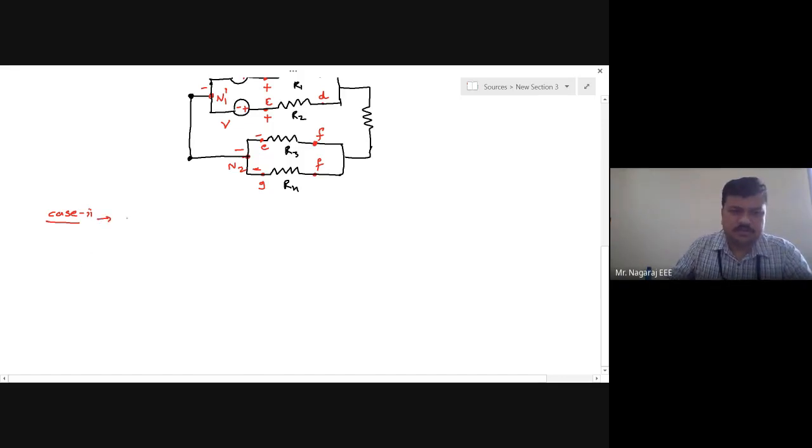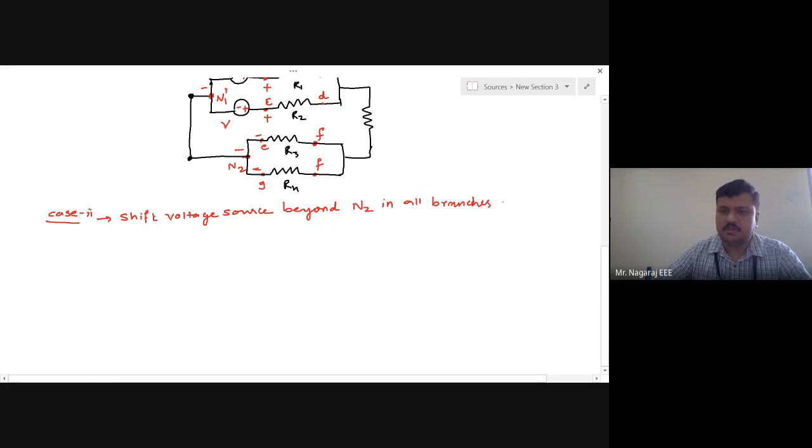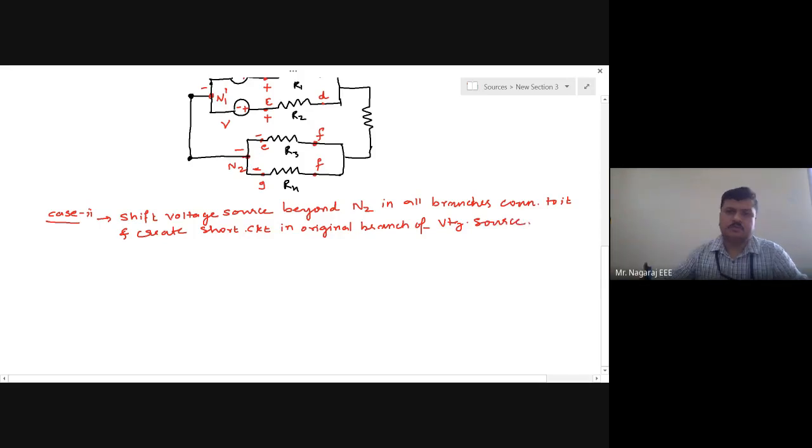Now in case 2, shift the voltage source beyond N2 in all branches connected to it, and create a short circuit in the original branch of the voltage source.